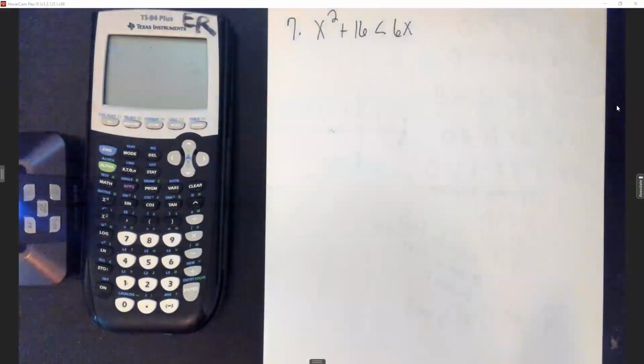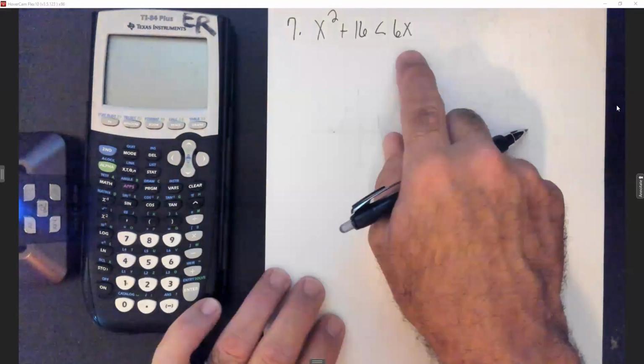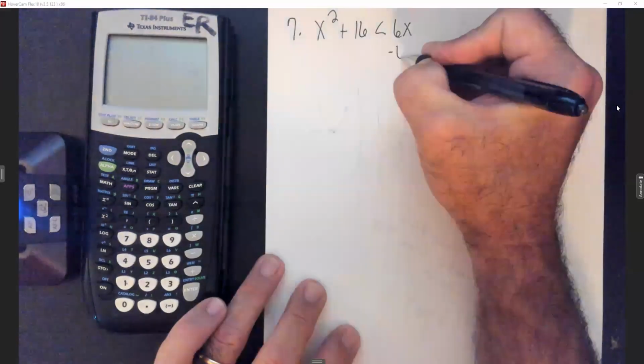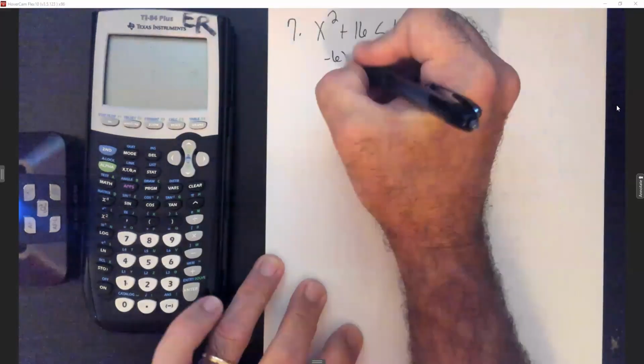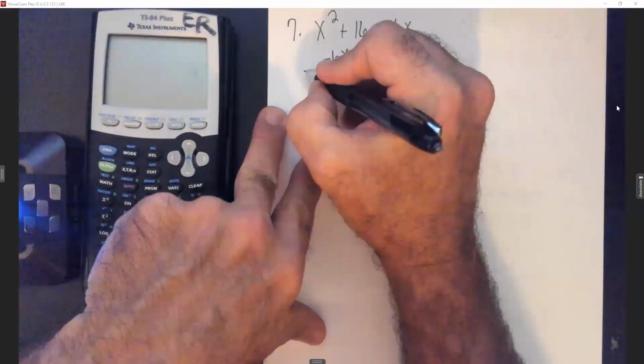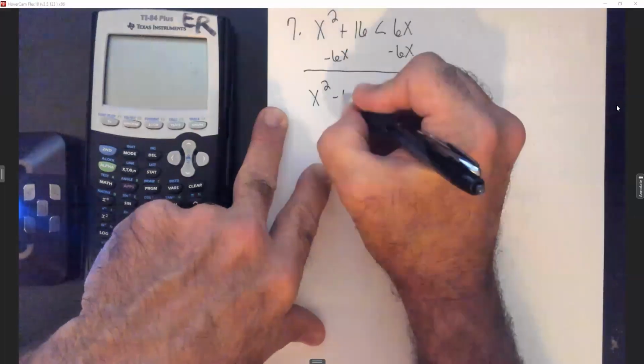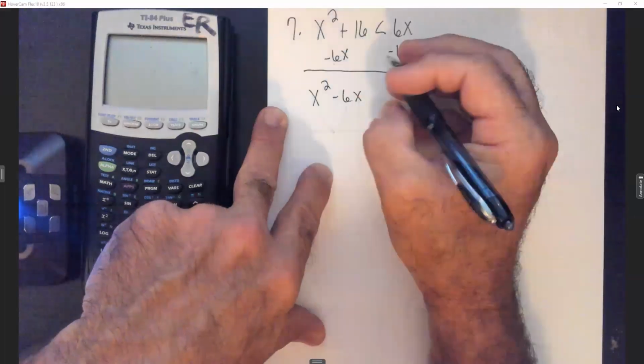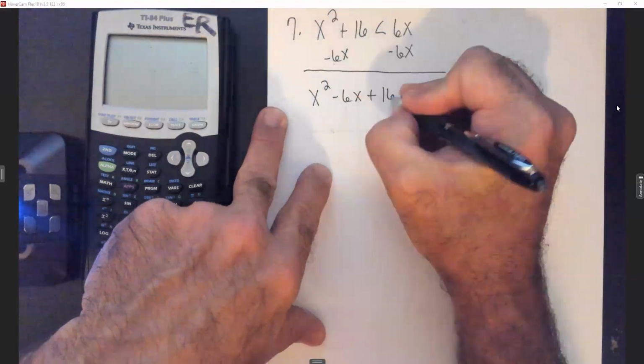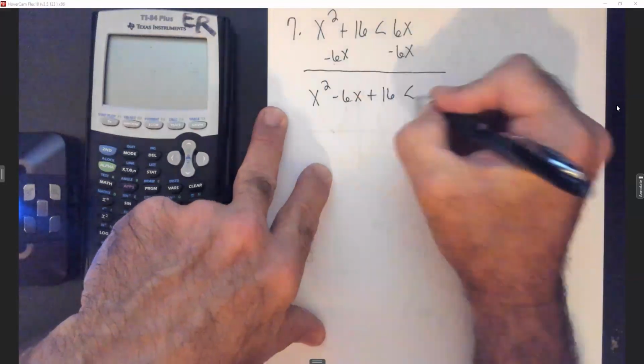So we definitely need a 0 over here, so we're going to have to subtract 6x from both sides. So that'll give me what? An x squared minus my 6x plus my 16 is less than 0.